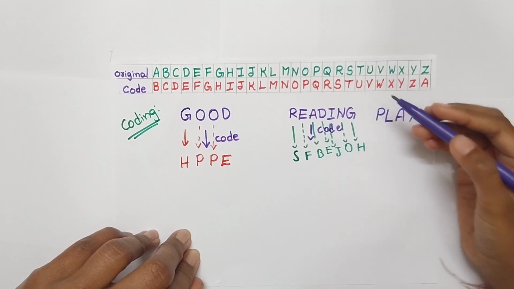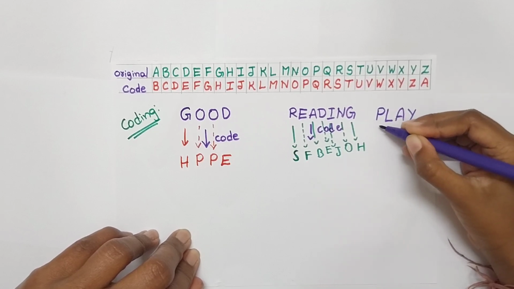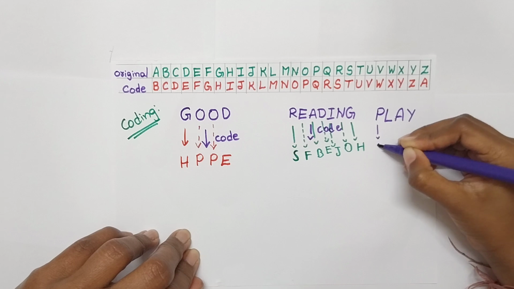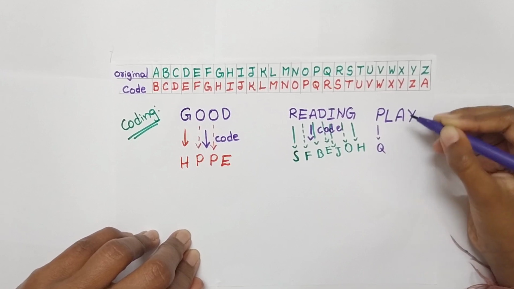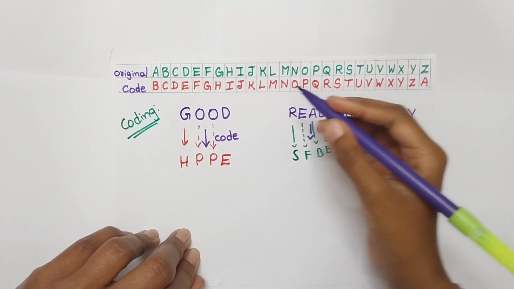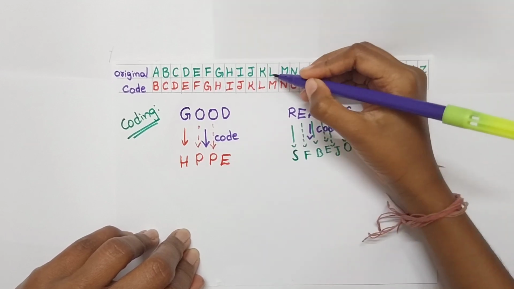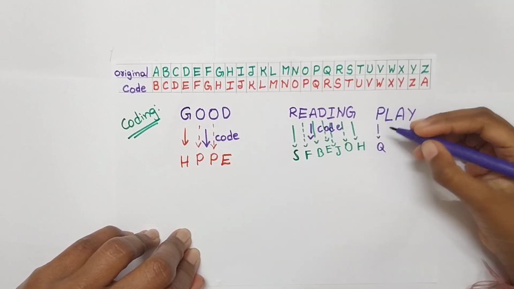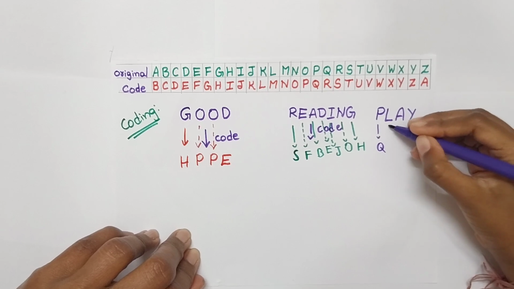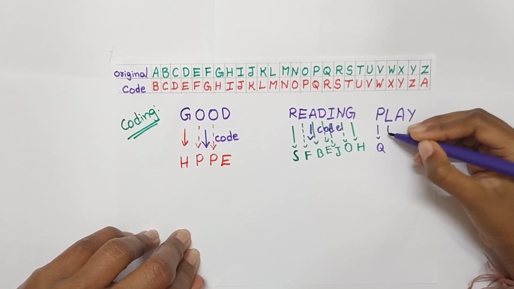Here is the P. Instead of P, we write Q. Now, where is L in the first line? Here is L. Instead of L, we write M.